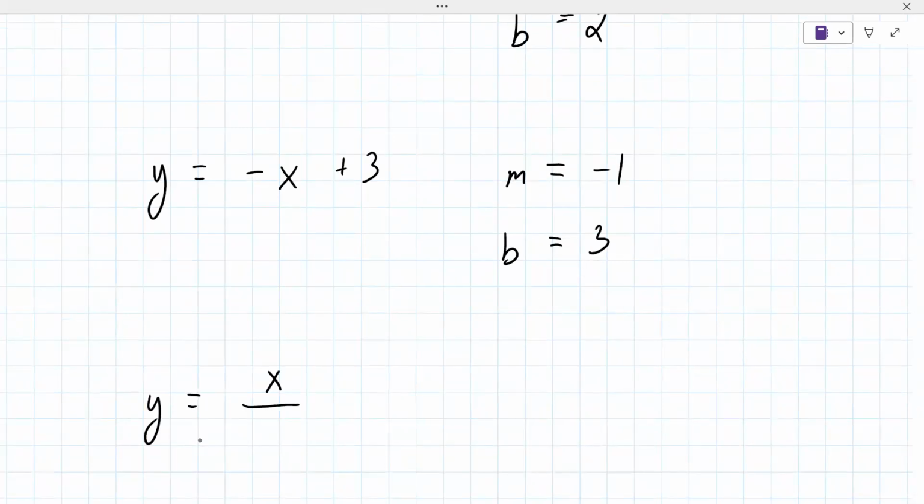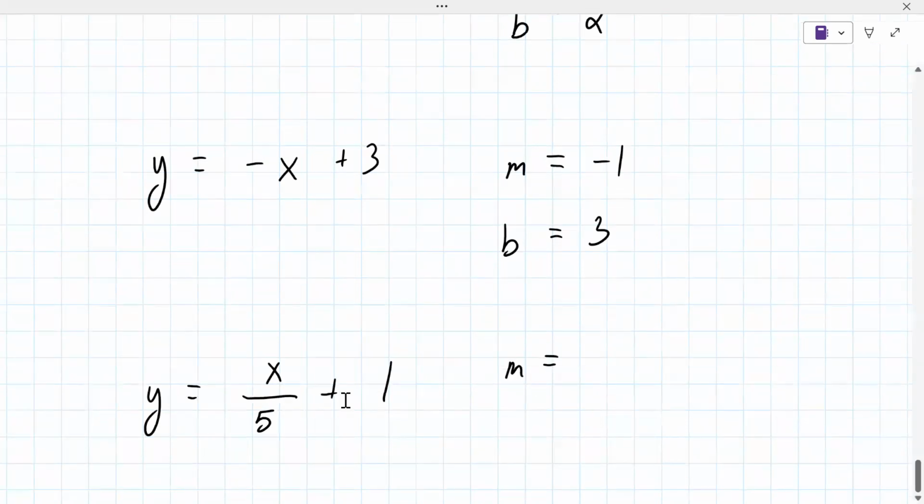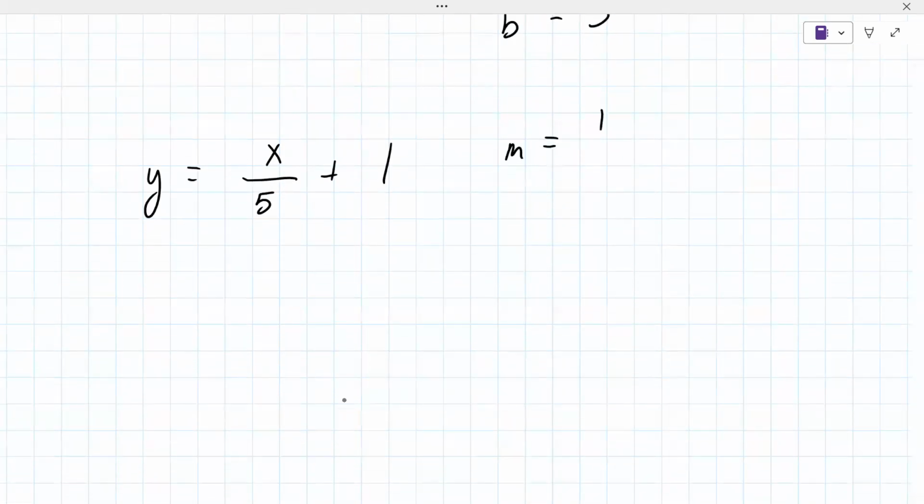Okay. Now, another example here. Let's say I write this as x over 5 plus 1. The slope in this new problem is 1/5. Why do you think the slope is 1/5? Because x could also just mean 1x, right? And so a way this could be written is 1/5 times x plus 1.